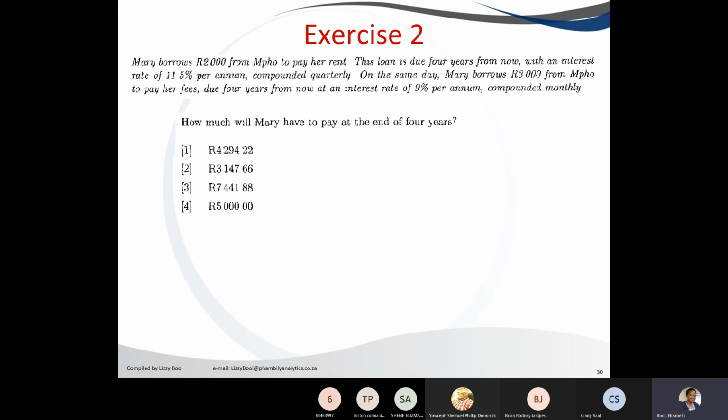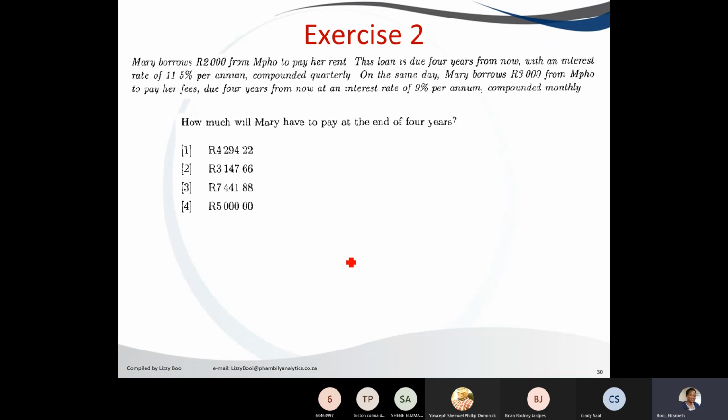Same question as what we did previously. Now they are asking if that was the case for Paul and Mary borrowing each other money. If this was their case, how much will Mary have to pay back at the end of 4 years? So this is a normal compounding period calculation. But remember, both of them are compounded differently.